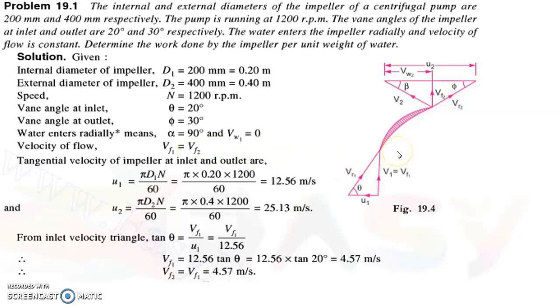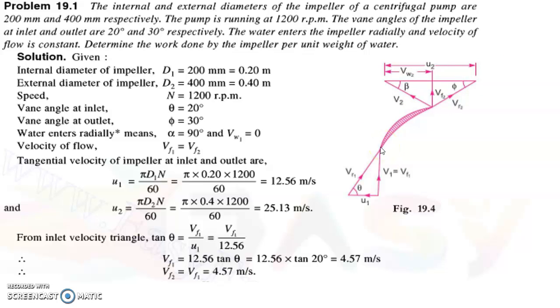It is very important to draw the velocity triangle of any problem you are doing, either of centrifugal pumps or of turbines. Here you can see that we have a backward curved vane drawn.